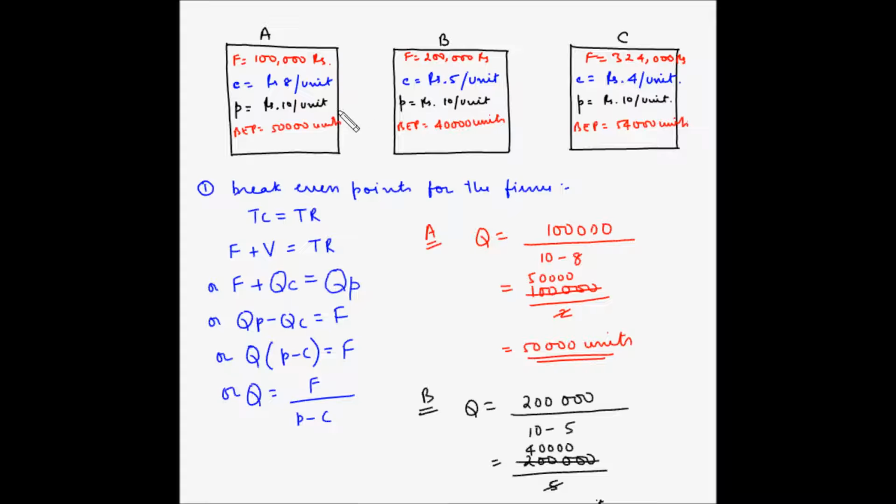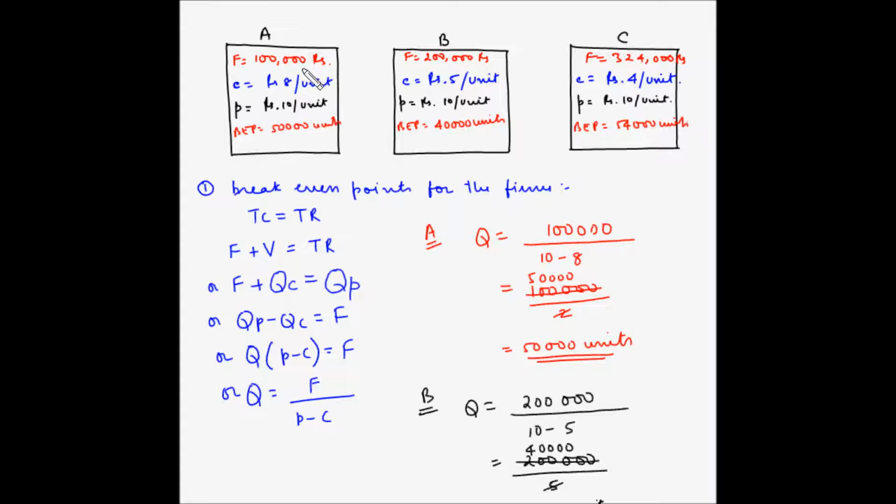So let's try to see if we can come up with any analysis here. So P is the same for all the three firms. C is the highest for A, lower for B, and the lowest for C. But F is the opposite.